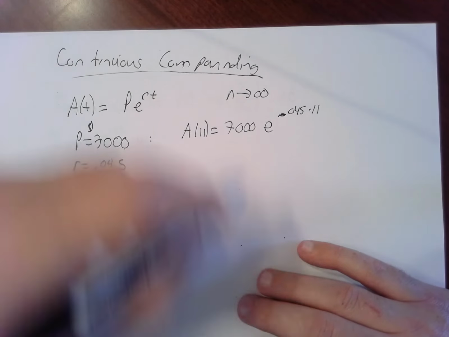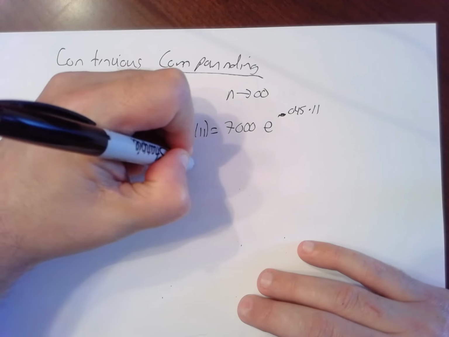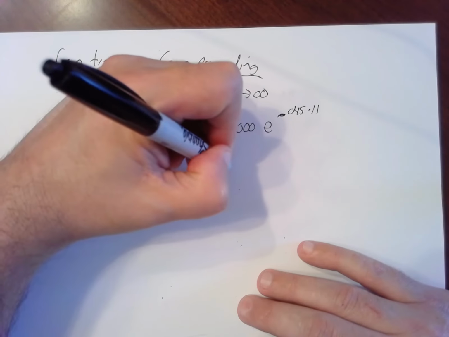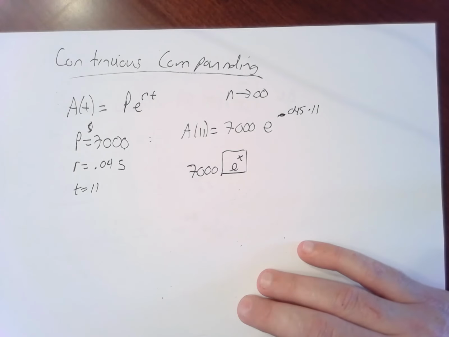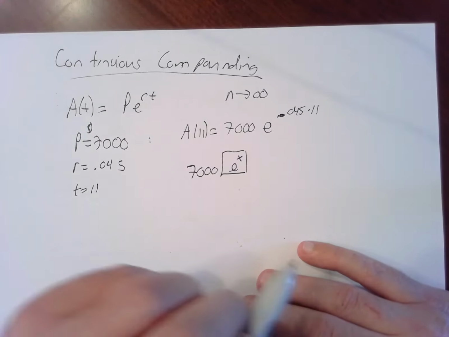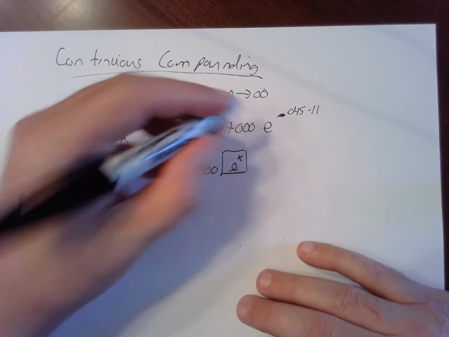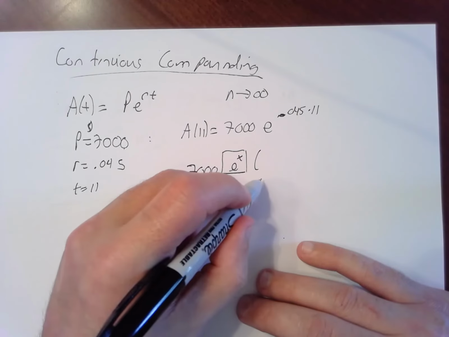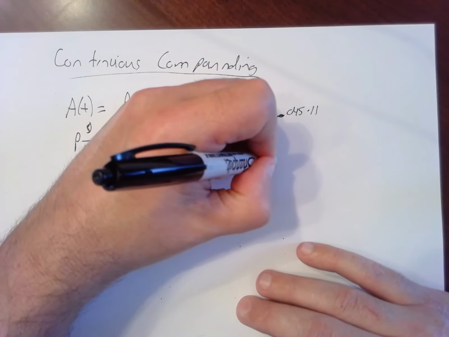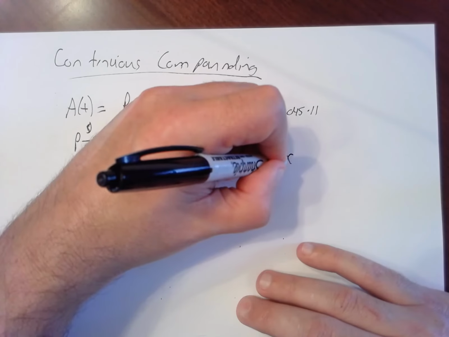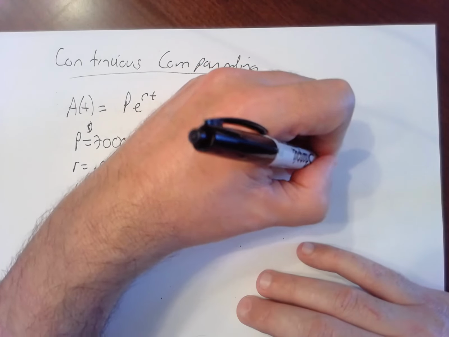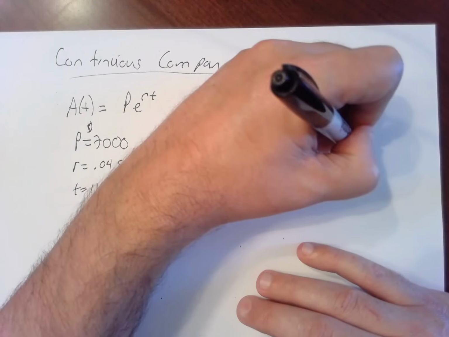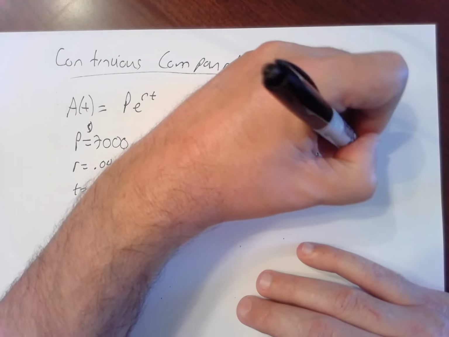Again, make sure you type this into your calculator, right? That's 7,000. You have an e to the x button on your calculator. When you type that, it types out e and opens up a parenthesis. That will happen on its own. We type 0.045 times 11, and then you got to type the close parenthesis, and then enter.